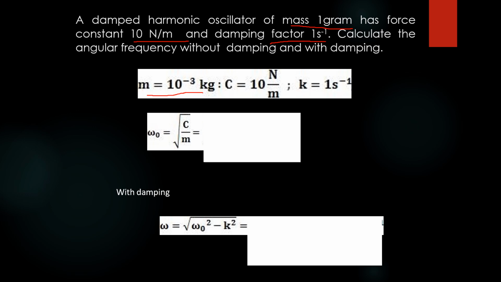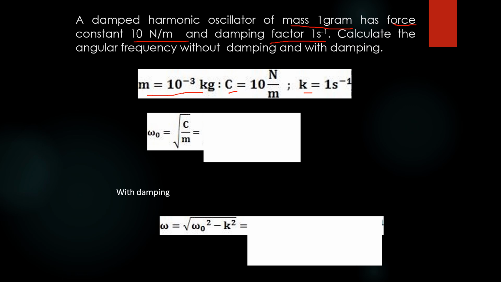Now the force constant. Earlier in plus 2 classes we denoted the symbol small k for force constant, but here we are using capital C. So the force constant is 10 Newton per meter, and the damping factor k, the damping constant, is given as 1 per second.